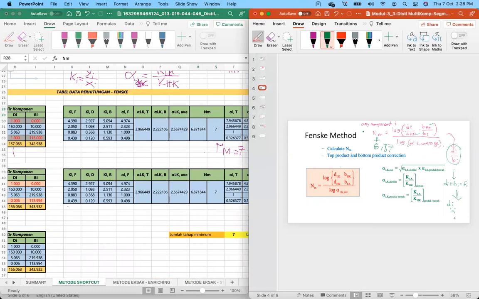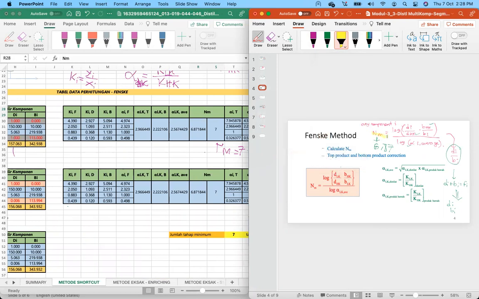based on that NM, they can also calculate alpha I average. And after that, let's check with this one.